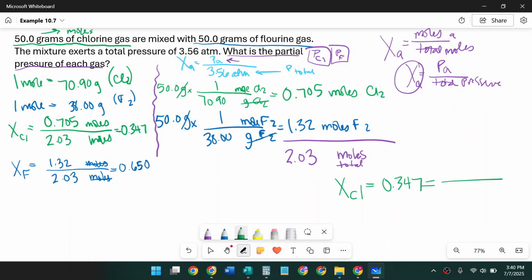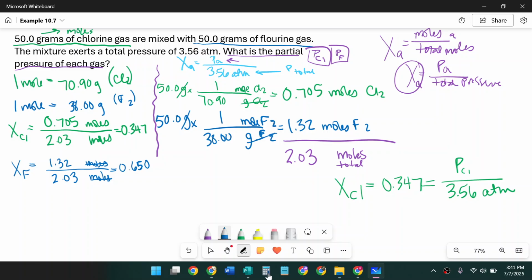And that's the same as the pressure of chlorine over the total pressure. And we were given that the total pressure was 3.56 atm. And for this particular thing, we can work in any units because it's not specific. It's just like a fraction or a ratio. And so it doesn't matter if it's in atm or the other problems in torrs, both are fine. So 3.56 atm.